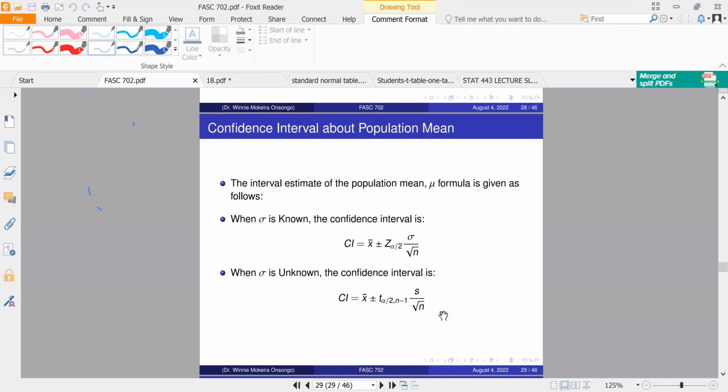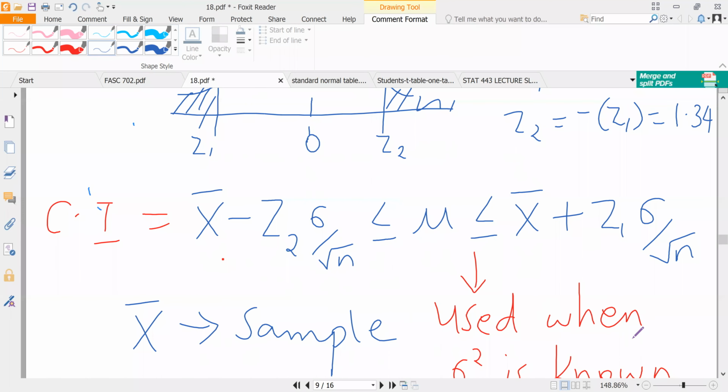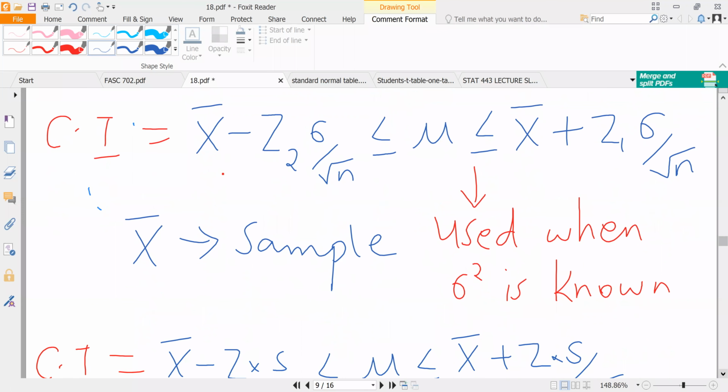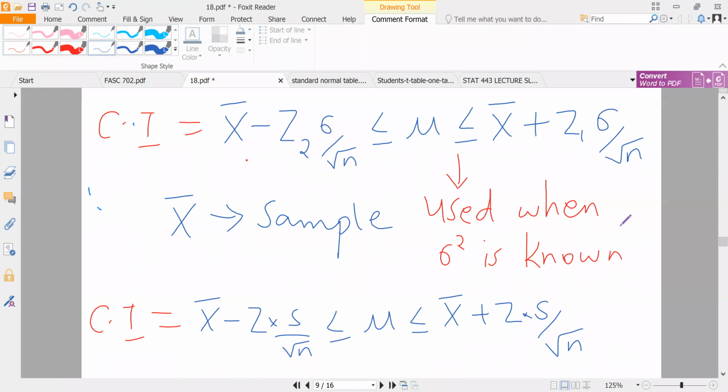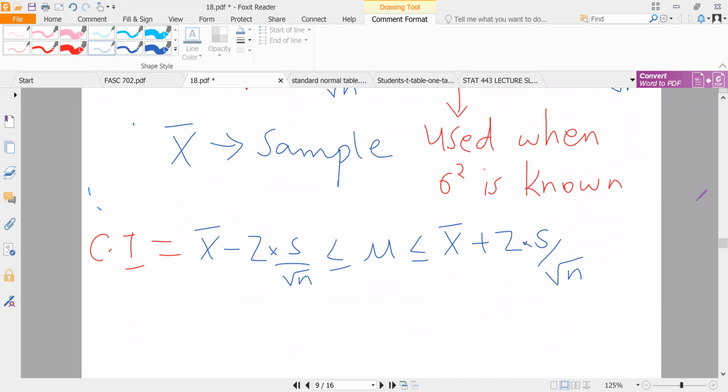Now, in this particular case, whatever I have done here, this approach, you use it when n is greater than or equal to 30.